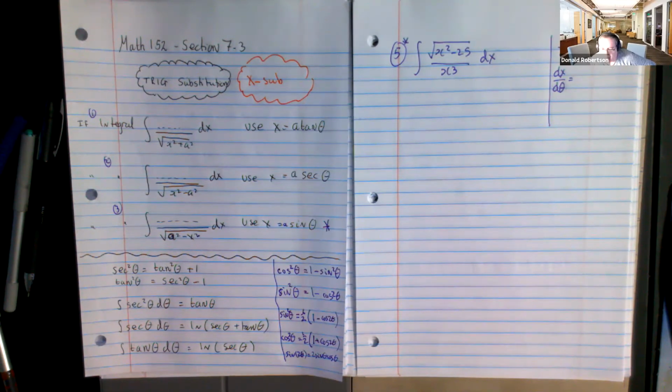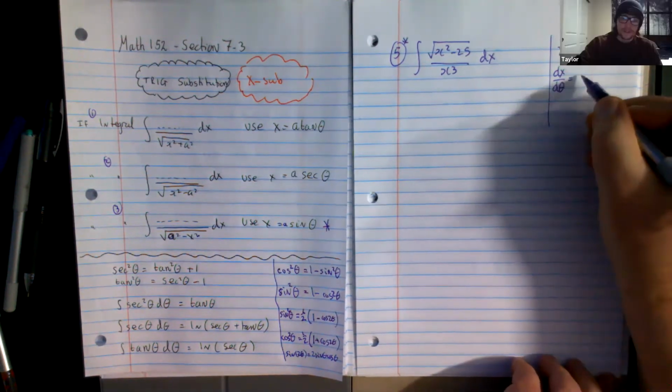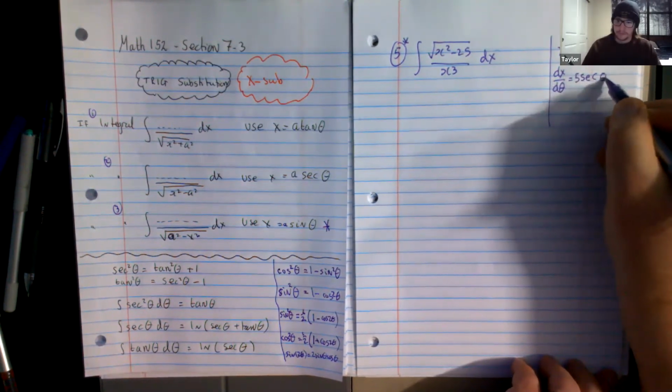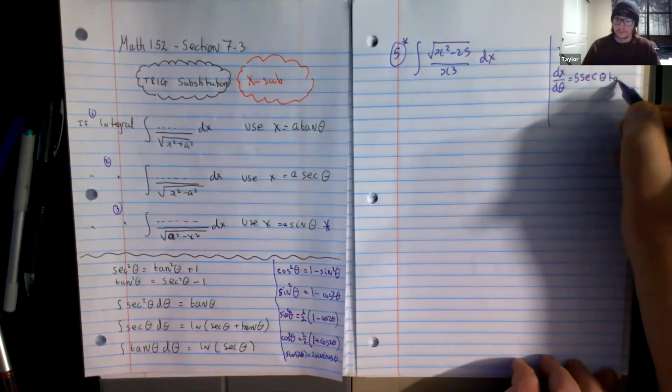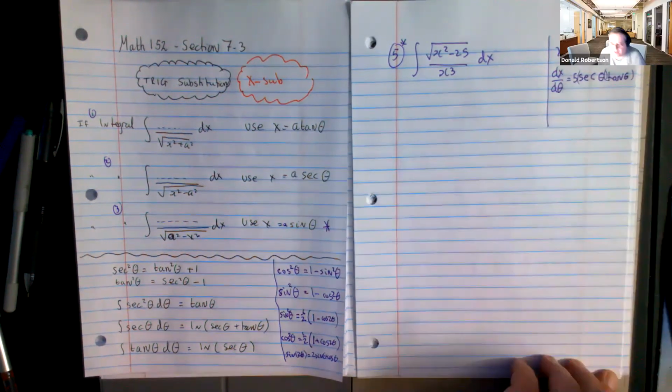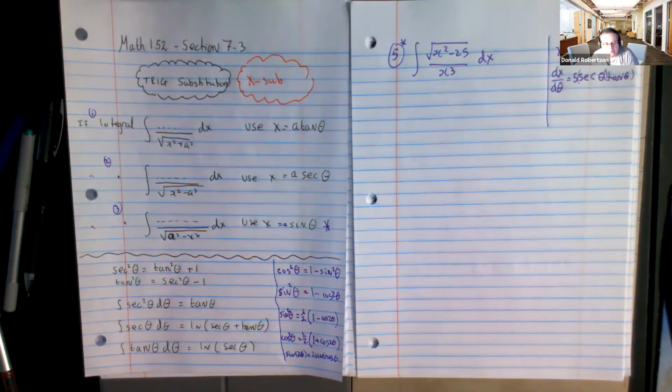Or just secant theta will do. 5 over the cosine of theta. Five secant tan. Okay? 5 secant tan. What's the derivative of tan theta?